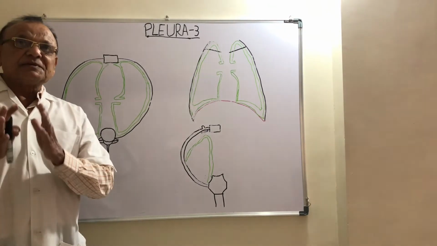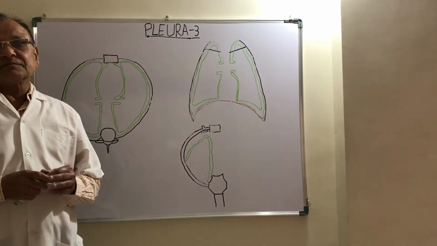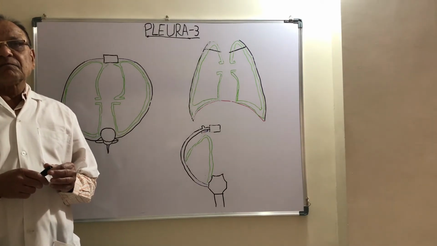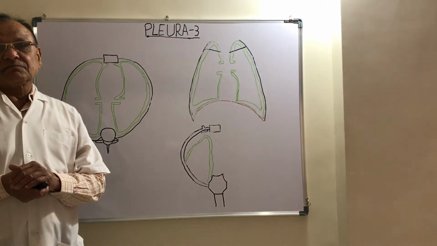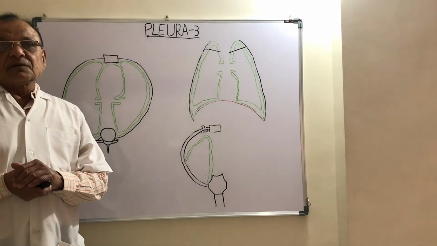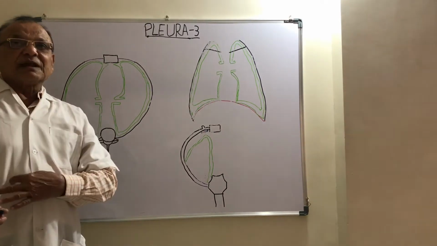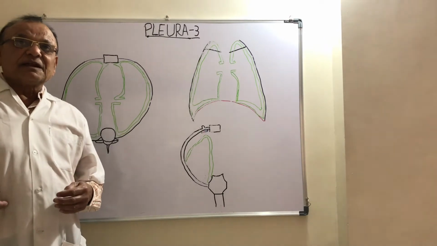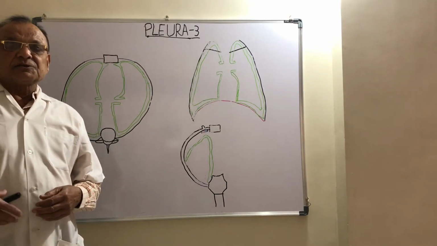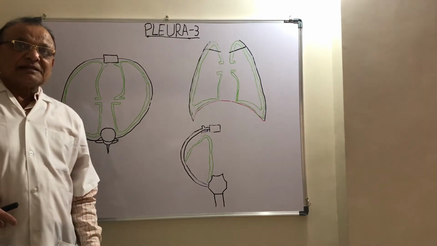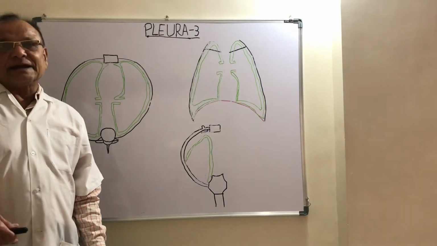The space between the visceral layer and parietal layer is called the pleural cavity. Here in the mid-clavicular line, the space between the visceral layer and parietal layer is large, and this space extends from the 6th to the 8th rib.